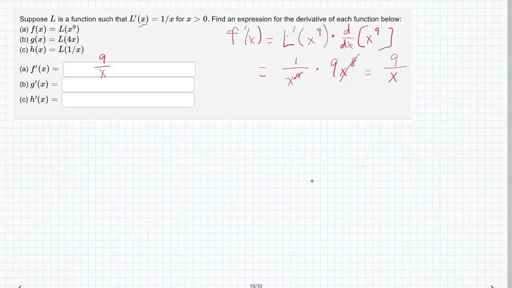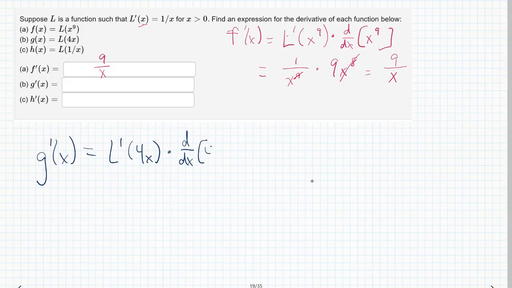Okay, so our next one, let's do g of x here. So g prime of x, we go L prime of 4x times the derivative of 4x. L prime of 4x is just 1 over 4x, times the derivative of 4x, which is 4.